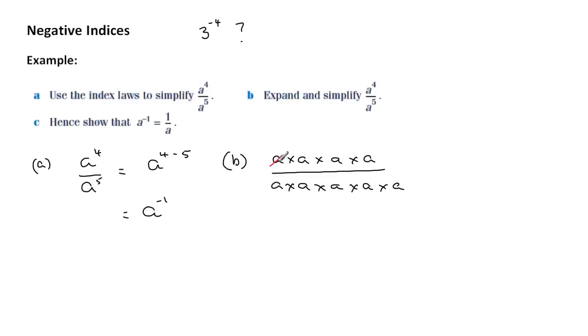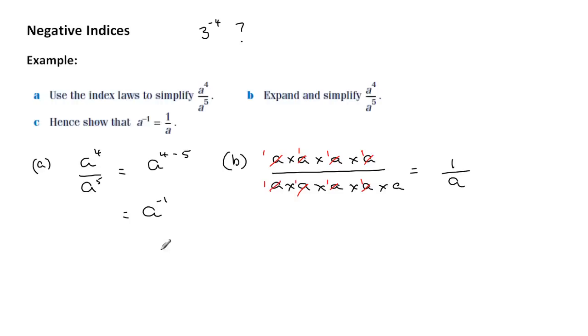We know that if we divide a into a, it goes once in each of these, and we can repeat this procedure right the way through. And what we're left with is all of these are 1s, 1 times 1, so we have 1 at the top, and all of these are 1, so it's 1 times a, and 1 times a is a.